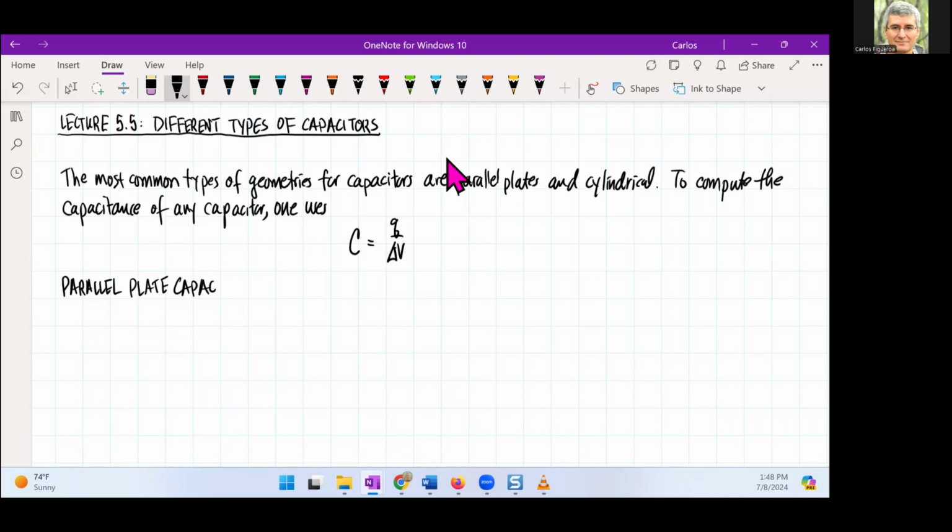So here is our parallel plate capacitor. So for parallel plates, the electric and potential fields are constant. So I should be careful.